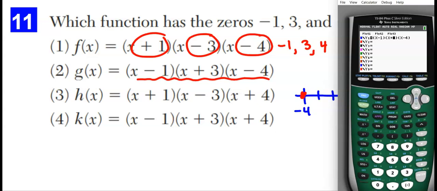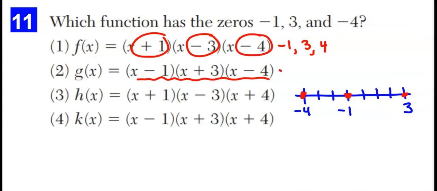A plus 3, and I'll keep the minus 4. This one has zeros of negative 3, positive 1, and positive 4. Negative 3, positive 1, and positive 4. Is that what you were predicting?